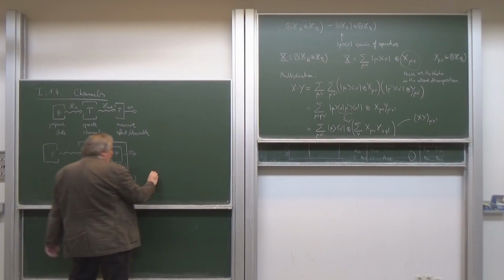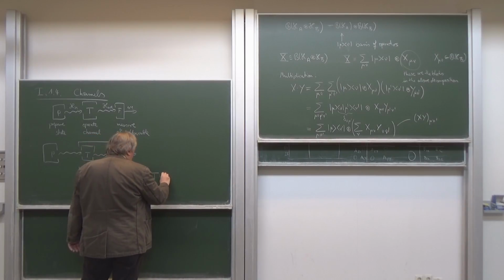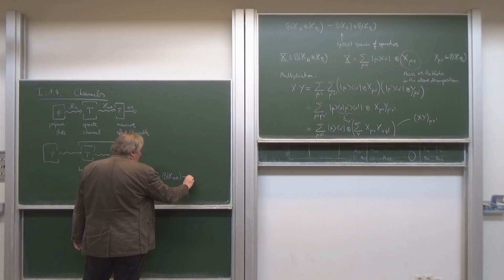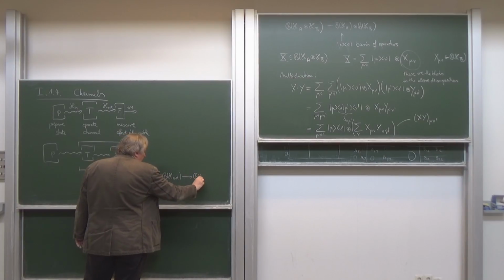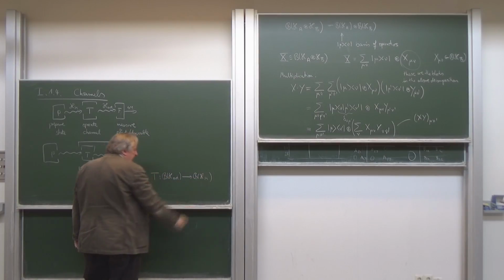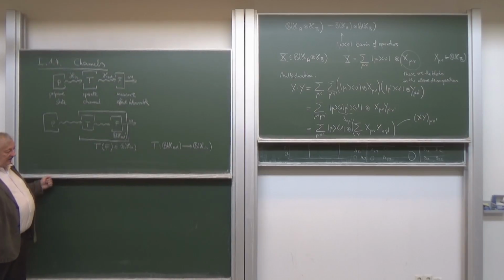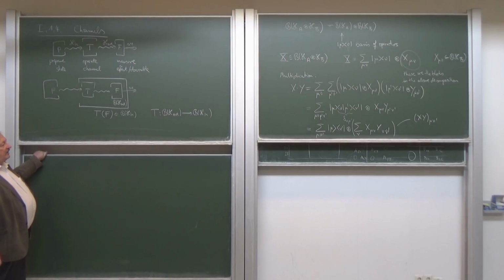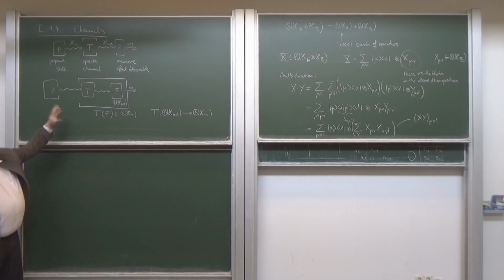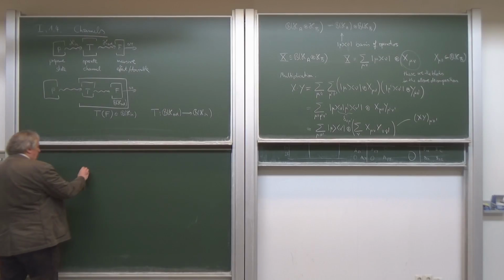So we have that T is a map from B of H out to B of H in. Okay, there's another way to look at exactly the same experiment, and this is just by doing the grouping differently. Nothing much happens here.